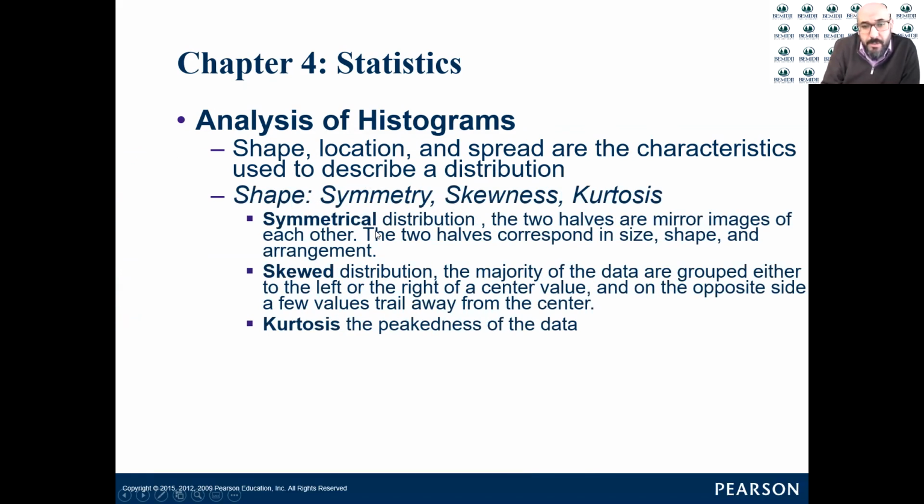In a symmetrical distribution, the two halves are basically mirrors. If you divide it, we said there is a bell curve on top of the data, and the two halves are mirror images of each other; the two halves correspond in size, shape, and arrangement.